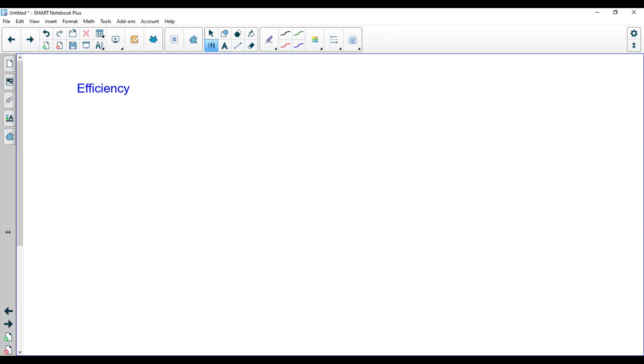That's right, Fatma. Fatma, you need to add one word at the start of what you have written. Okay, that's right, what you both are writing, but remember, it's not the total output, it's the useful output.